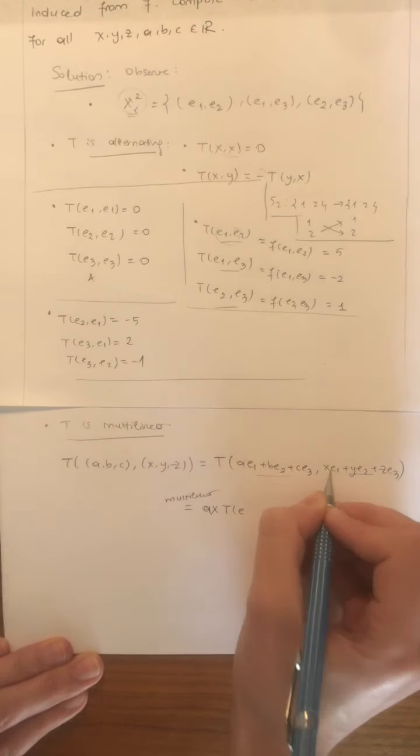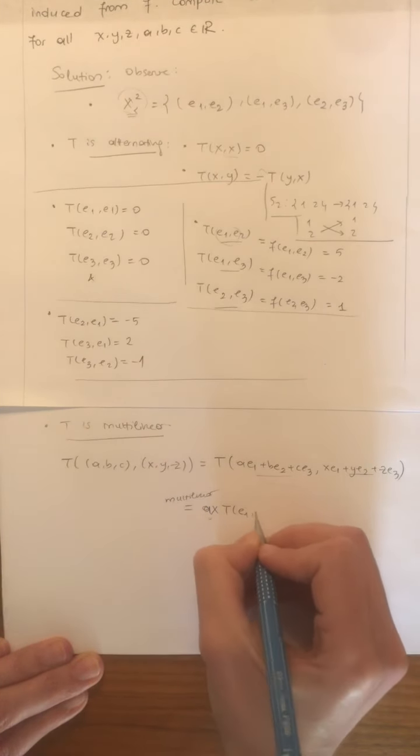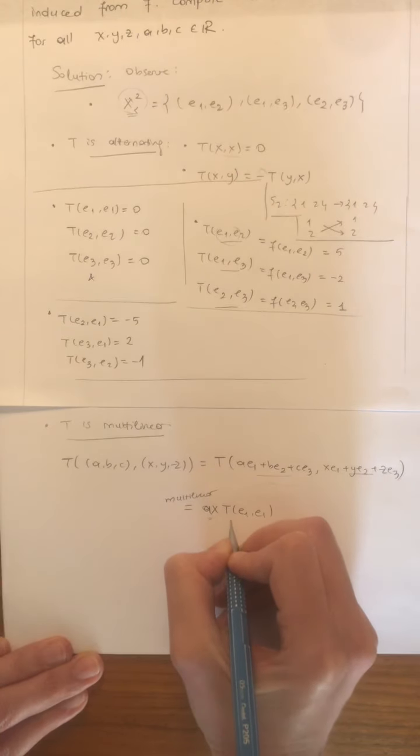So that means AX will be outside of the T, and it remains T(E1, E1).